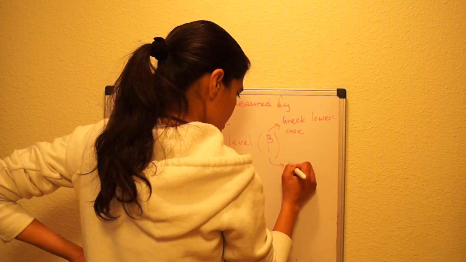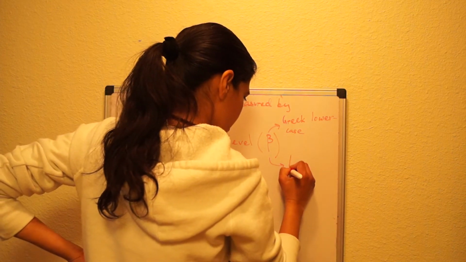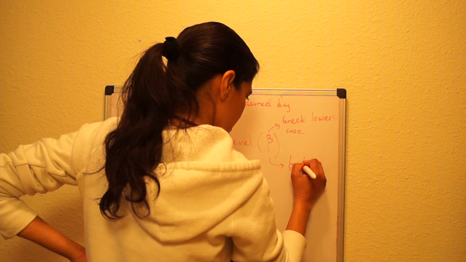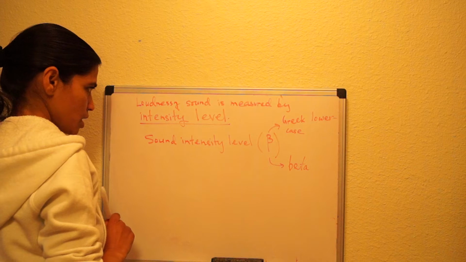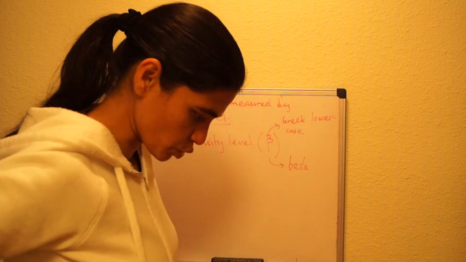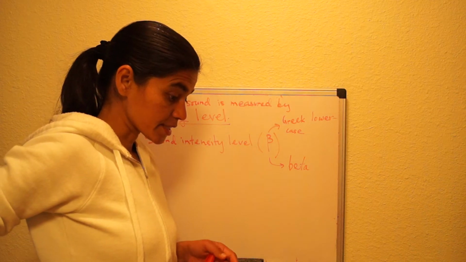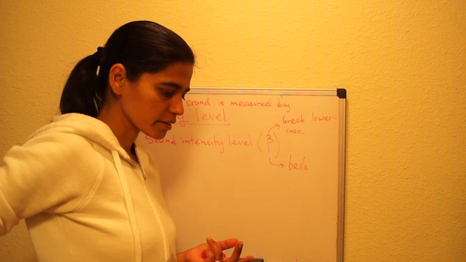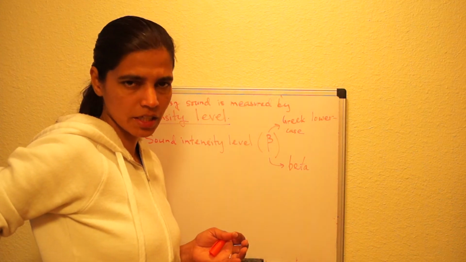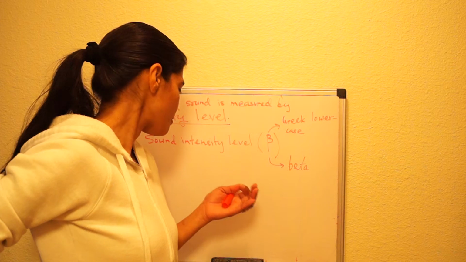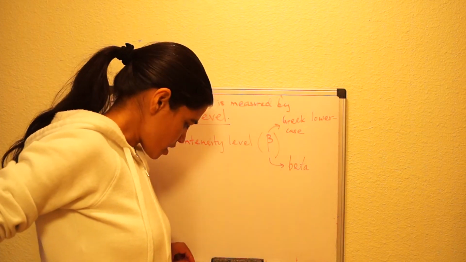So sound intensity level. We talked about the speed of the sound, we also talked about sound intensity, but when we talk about the loudness, we don't talk about the intensity. We talk about the sound intensity level beta. This is a different quantity here.